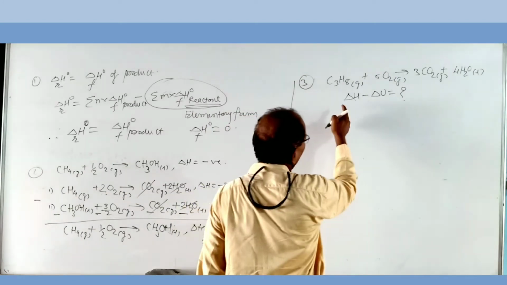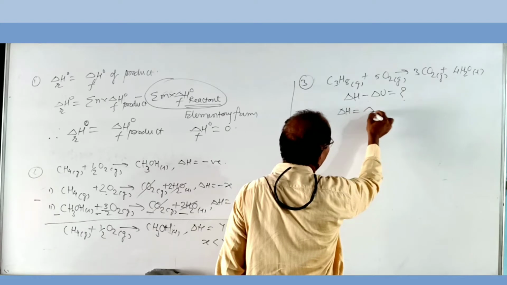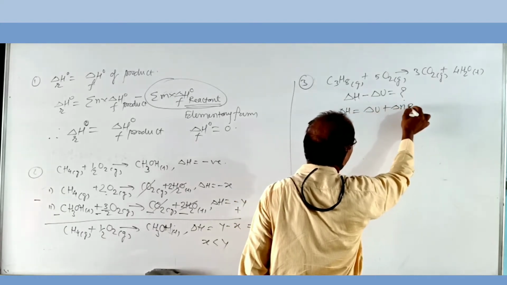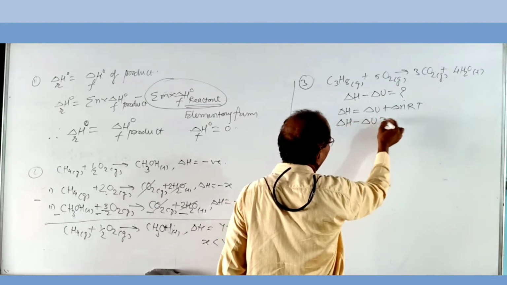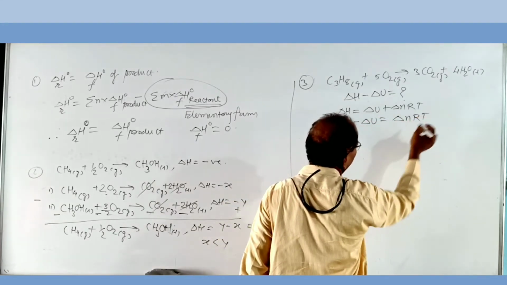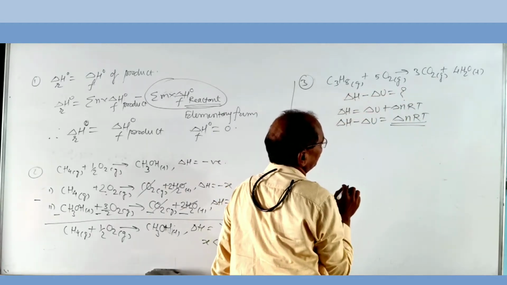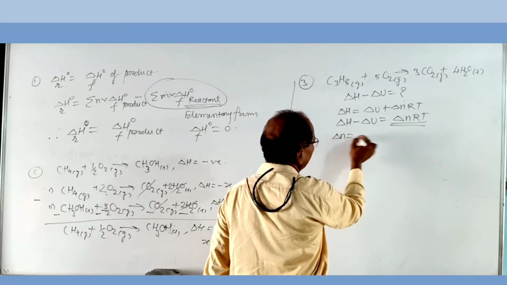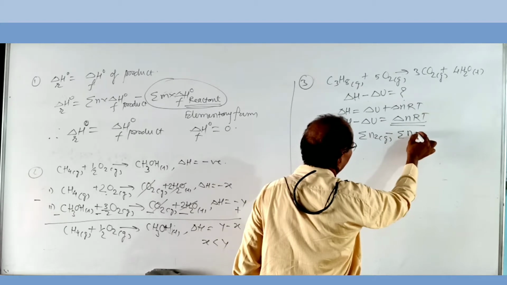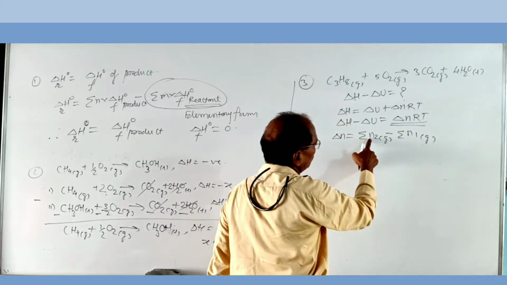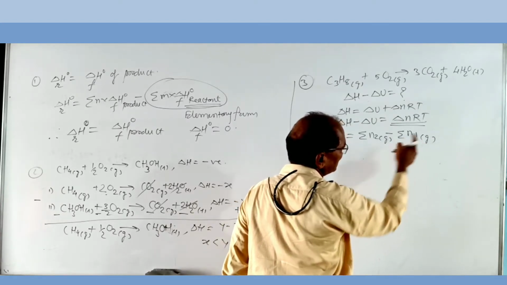The formula to calculate delta H minus delta U: delta H is equal to delta U plus delta n RT. Rearranging, delta H minus delta U is equal to delta n RT. Here we have to calculate delta n RT for this reaction. Delta n is equal to summation of n2 gas minus summation of n1 gas. n2 means number of moles of gaseous product and n1 means number of moles of gaseous reactant.